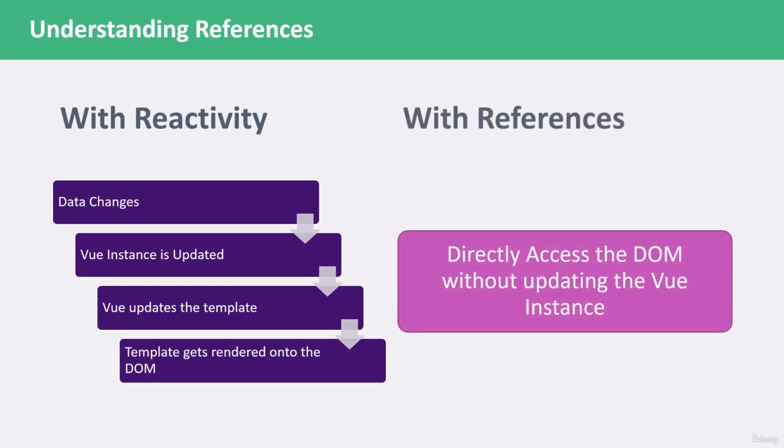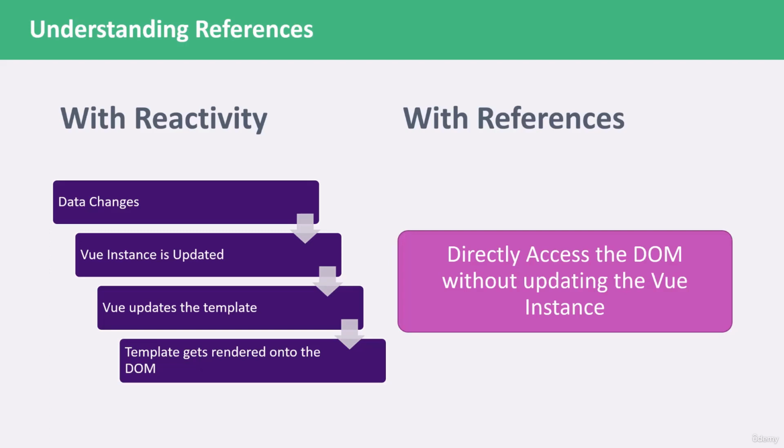However, with references, the story changes. A reference gives you direct access to the DOM. If you change the DOM through a reference, the Vue instance is not updated. Therefore, Vue will not keep track of any changes for you. This is why the data doesn't update. As we saw in our example, when we viewed the data with the Vue developer tools, the data didn't change.